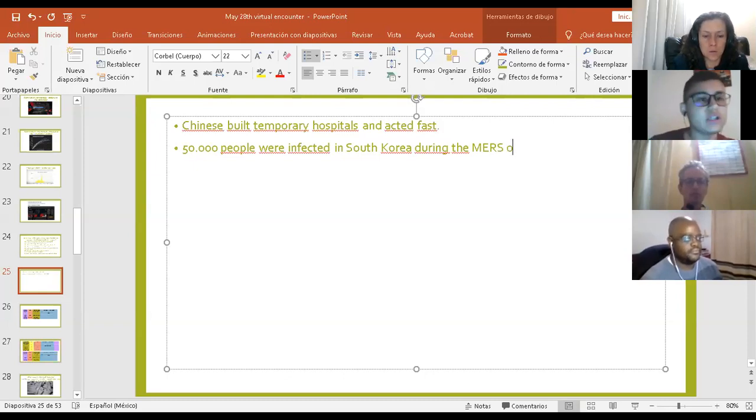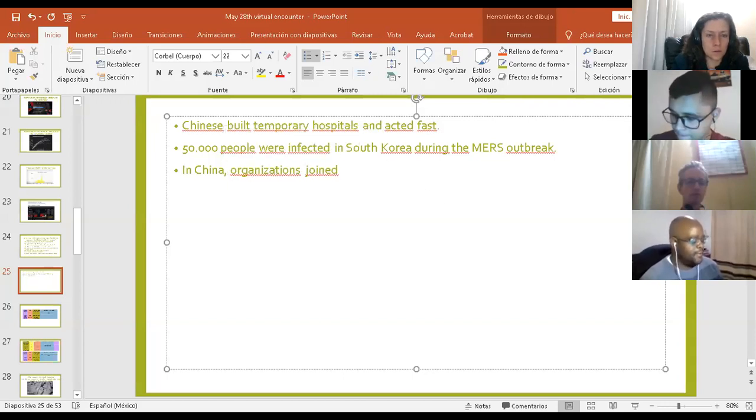Another thing about China, teacher, was that all the organizations joined in this problem, they joined efforts. Teacher, the shutdown in South Korea wasn't aggressive, thanks to the strategies that they developed.